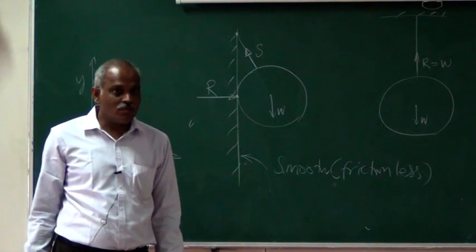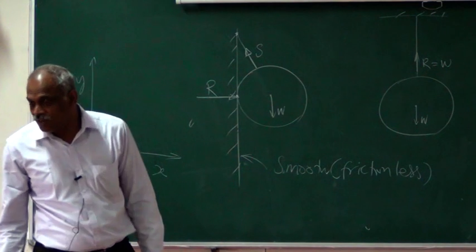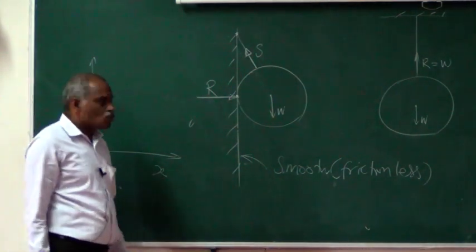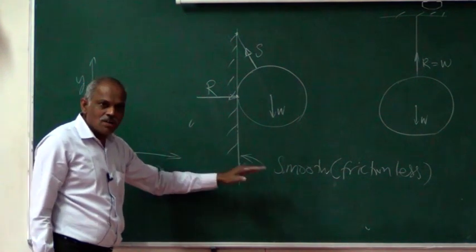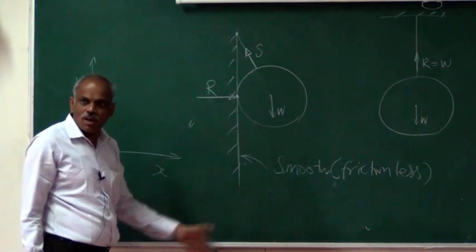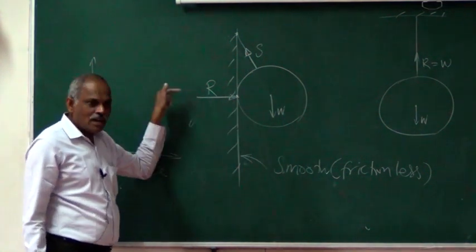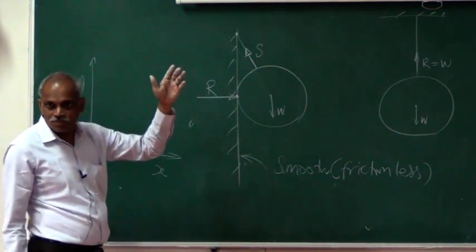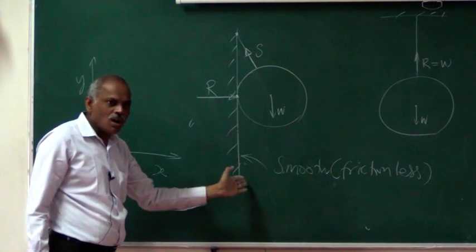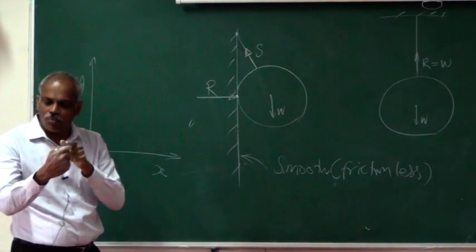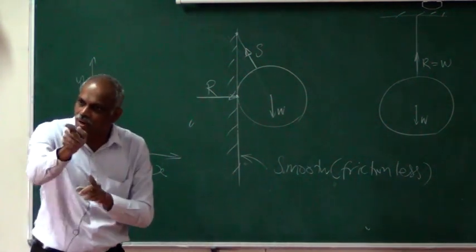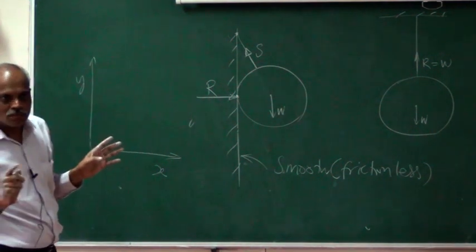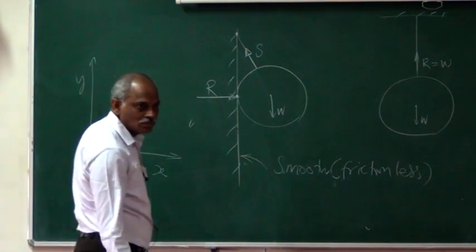What the angle is, we will learn when we are learning the chapter on friction. So if you assume this wall is a frictionless, smooth wall, then the reaction will be acting perpendicular to the surface. If it is a curved wall, you still have to find the point of contact and the normal direction, and you will have the reaction coming out.